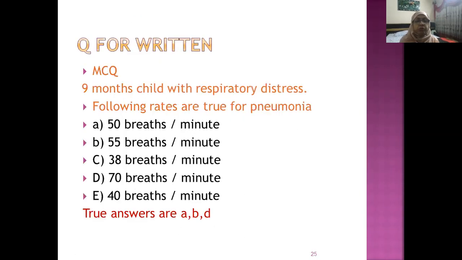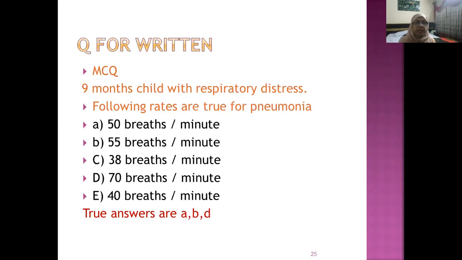And as I have told, the cutoff value of a child having respiratory distress to classify pneumonia, you may have a question in your MCQ like that. A 9 months child presented with respiratory distress. Following rates are true for pneumonia: 50 breaths per minute, 55 breaths per minute, 38 breaths per minute, 40 breaths per minute, or 70 breaths per minute.